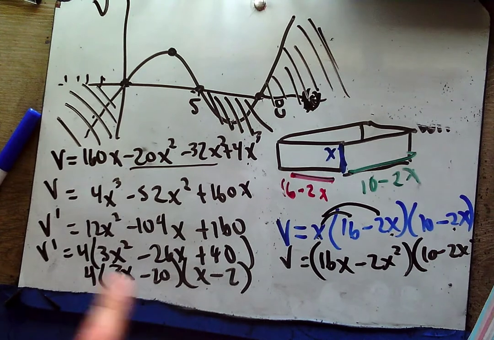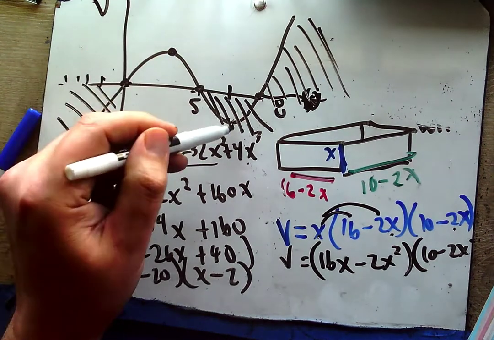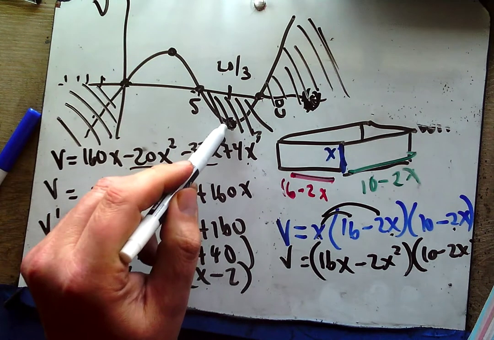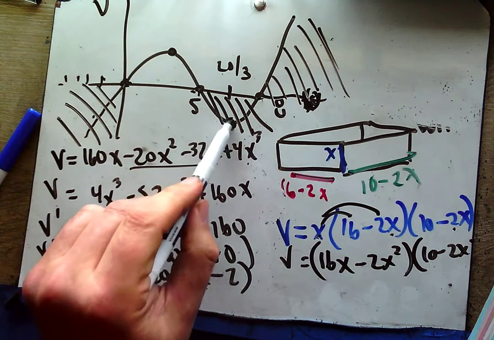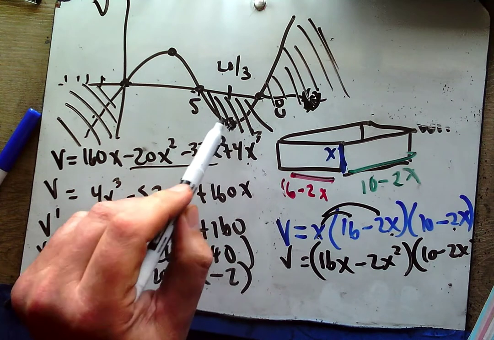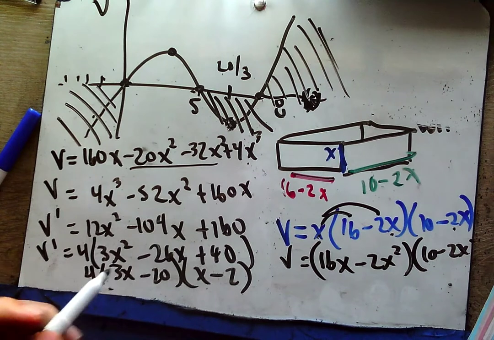Now, 20 thirds is bigger than 5. That's over here. This is 20 thirds. So V prime is equal to 0 there, but this is outside of the domain of my problem. This produces a negative volume. And no, sorry, I can't do that.